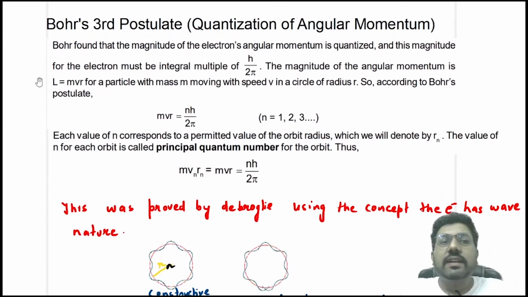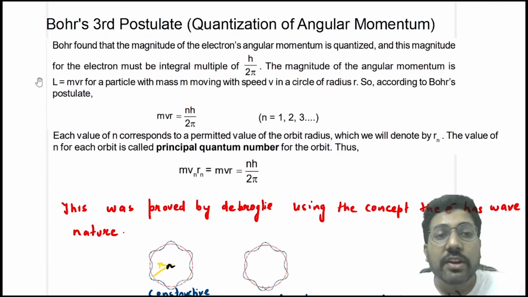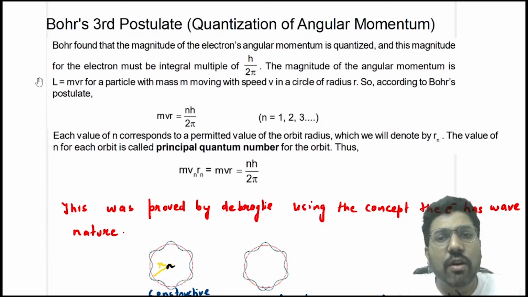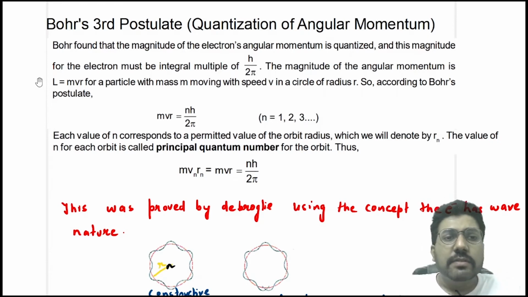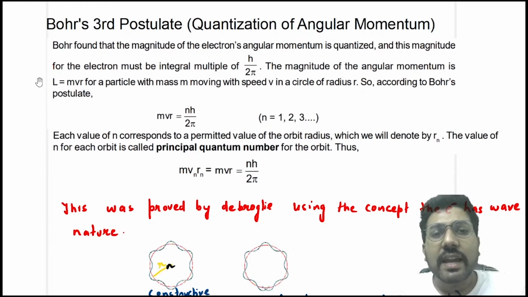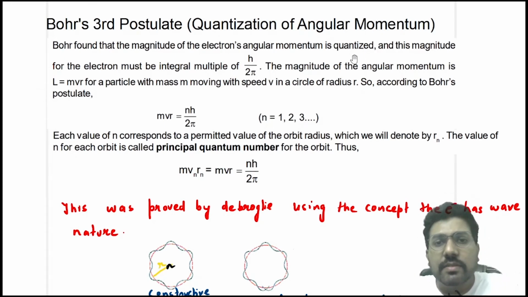Now we will discuss Bohr's third postulate, which is also called the quantization of angular momentum. Bohr found that the magnitude of the electron's angular momentum is quantized. Quantized means fixed or discrete values, and this magnitude for the electron must be an integral multiple of h upon 2 pi.